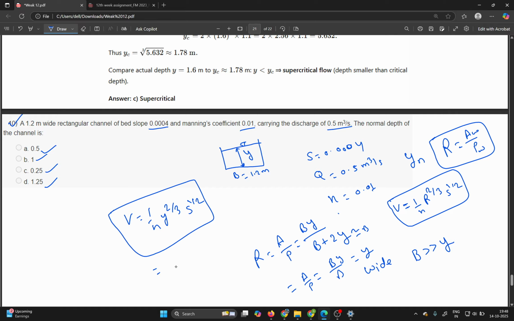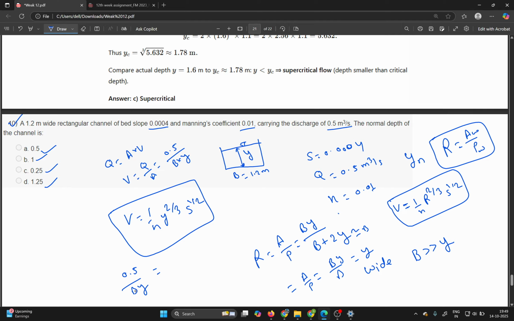So your n value is given, discharge is given. Discharge is area into velocity, so velocity is nothing but discharge by area. Area will be b into y. So here you can put 0.5 by, and b is also given in the question.